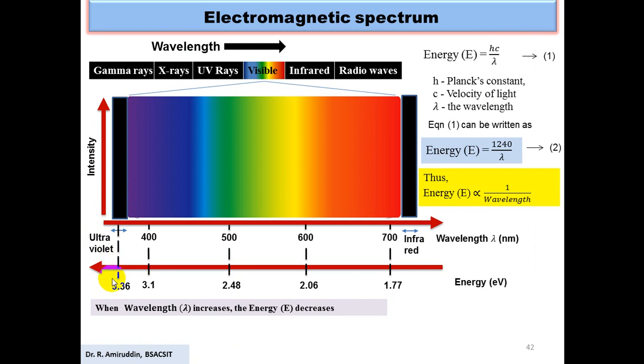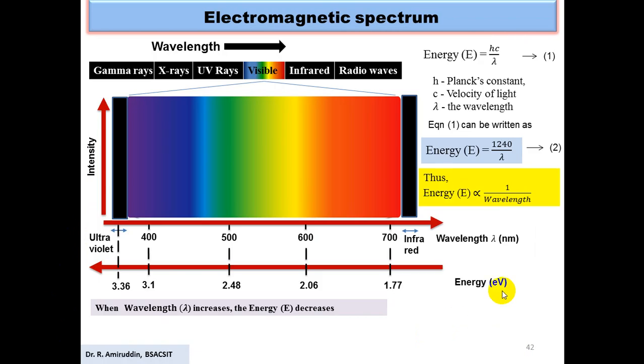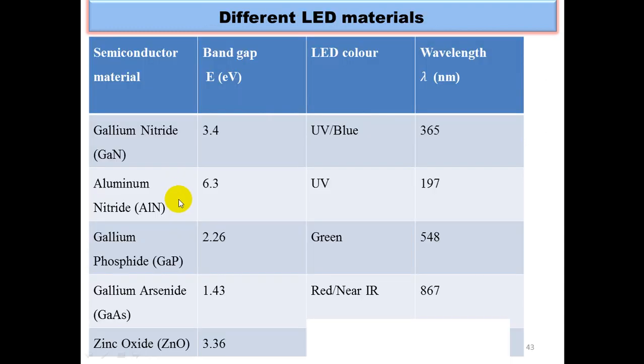Obviously, when we substitute this 3.36 to equation number 2, 1240 divided by 3.36, the value will be coming around 375 nanometer, and that 375 nanometer lies approximately in the UV region, and hence the PN junction fabricated using zinc oxide emits light which has the wavelength of 375 nanometer or UV emission.